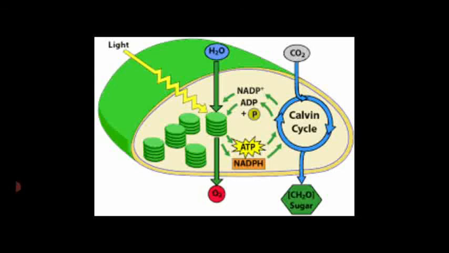Then plant physiology: structure of chloroplast, types of plastid, functions of chloroplast. Then how photosynthesis takes place, and the different reactions of photosynthesis, light reaction or Hill reaction, and dark reaction or Calvin cycle.